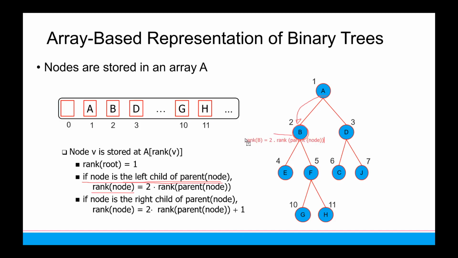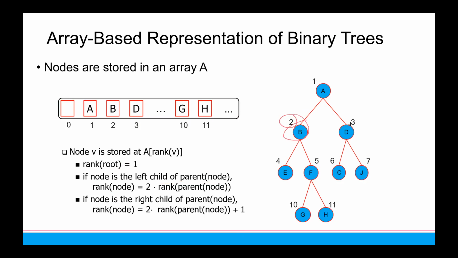The parent node is 1, the rank of the root A. So the rank of B is 2 multiplied by 1, which is 2, and we put B at index 2.